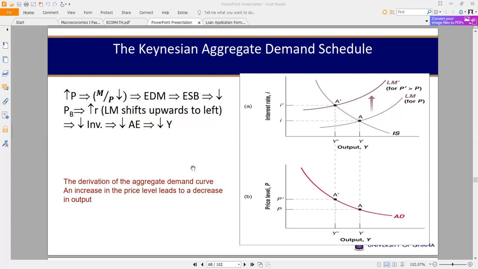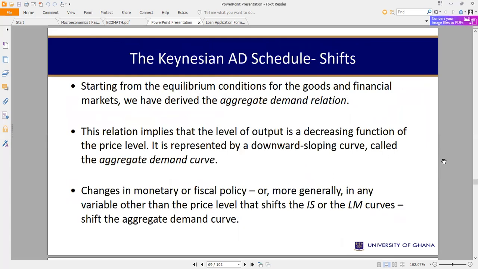Hello, please, do we understand? Yes. All right. So now we have our aggregate demand. Okay. So we start from the equilibrium conditions in both the goods and then the money markets, and then we've been able to. Hello. Yes. Please, can you go back? I was trying to write something.